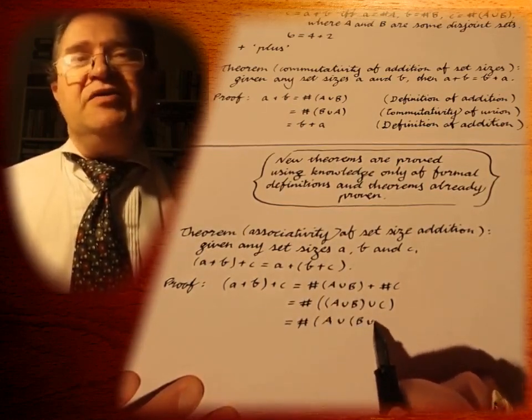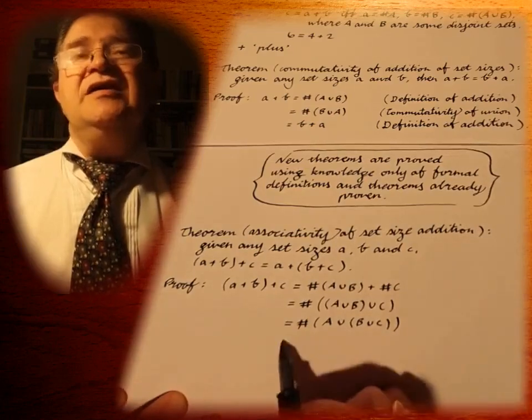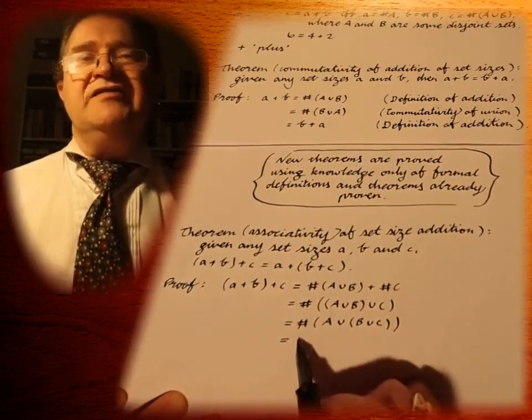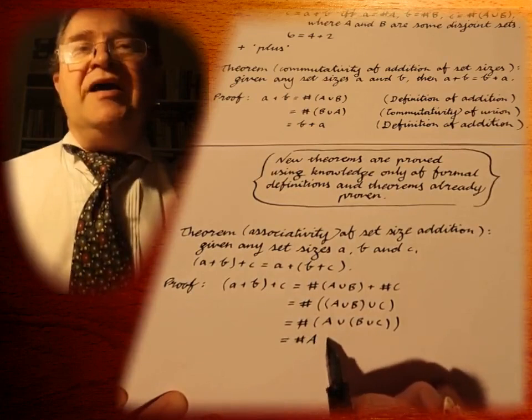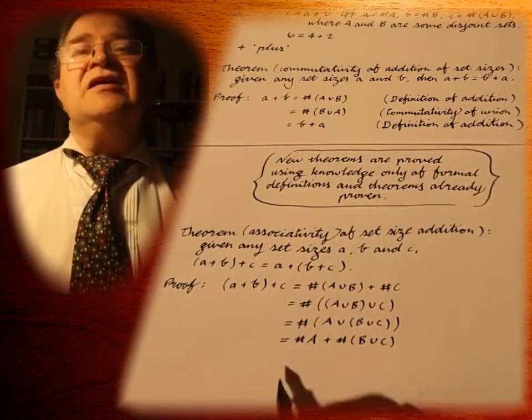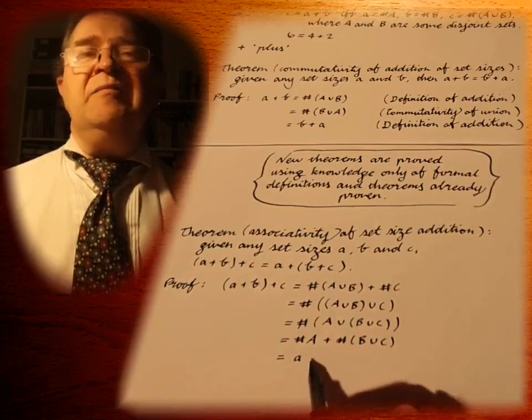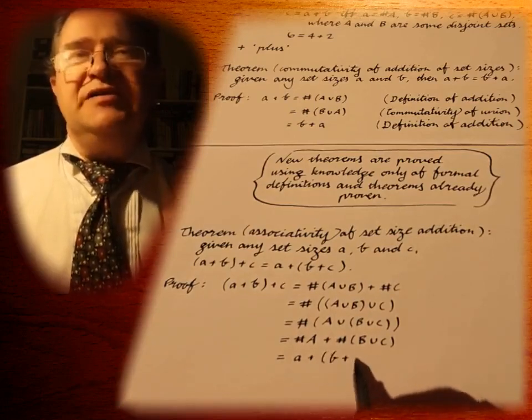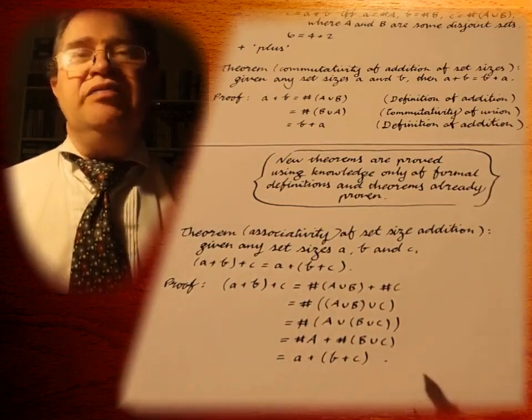That's the size of A plus the size of B union C, again applying the definition of addition, and applying the definition of addition one last time gives us that this is equal to A plus B plus C, as we were trying to prove.